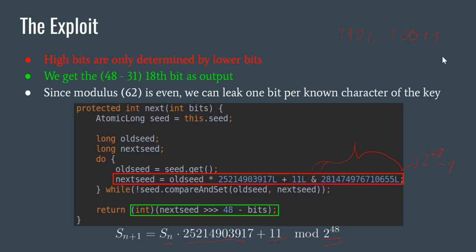So every bit after multiplication might affect all other bits higher than it, but no bit ever affects a bit lower than it, right? Because we just multiply and add and then cut off the number at 48 bits, so we don't wrap around the modulus, let's say, we just cut off the number.